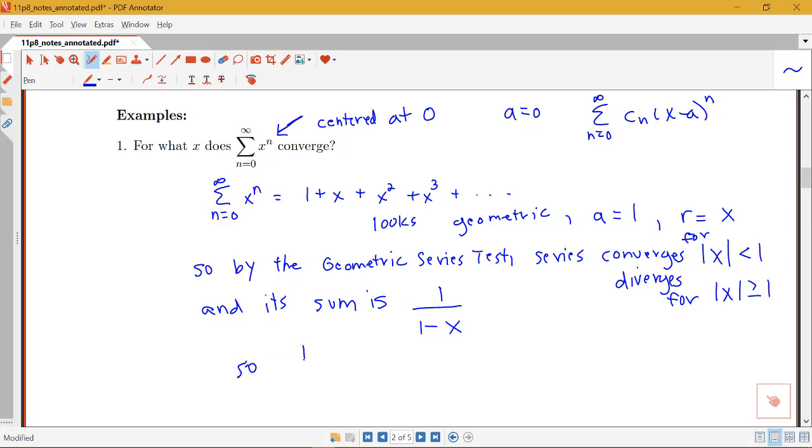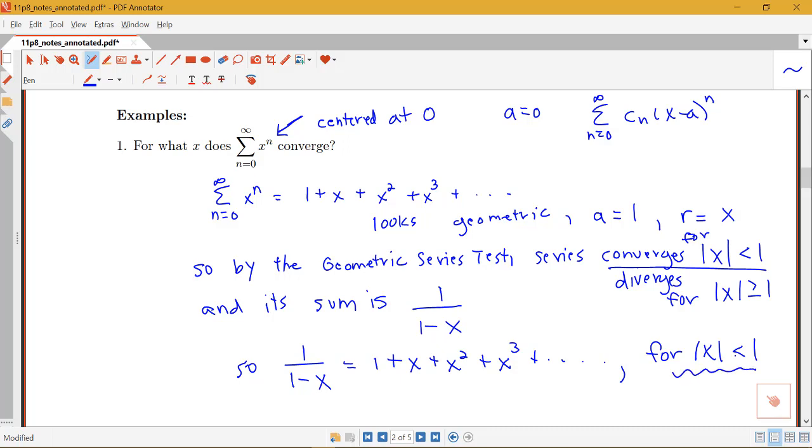We can say 1 over 1 minus x equals 1 plus x plus x squared plus x cubed, etc. And it's only equal to 1 over 1 minus x over the interval where it converges, so for the absolute value of x less than 1. So we've answered the question: for what x does this series converge? This series converges for the absolute value of x less than 1 by the geometric series test.